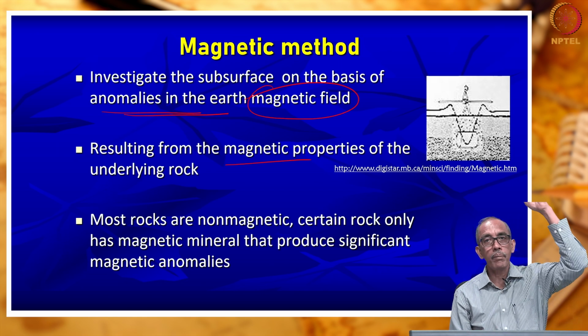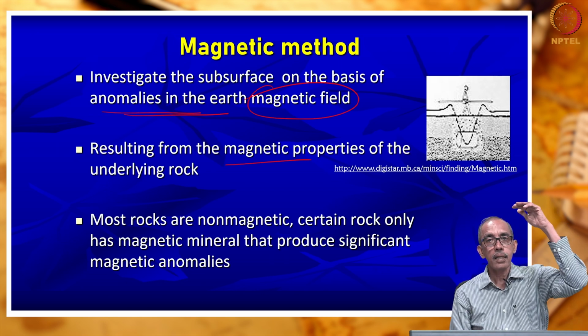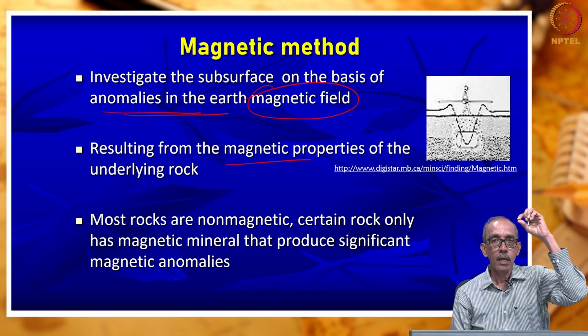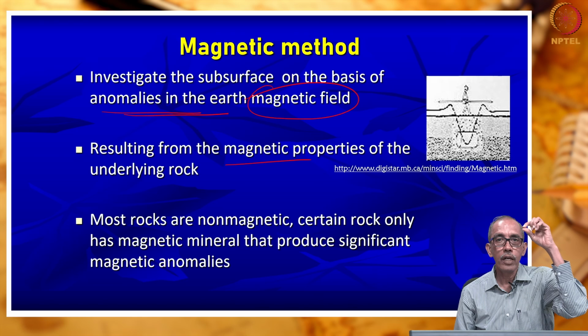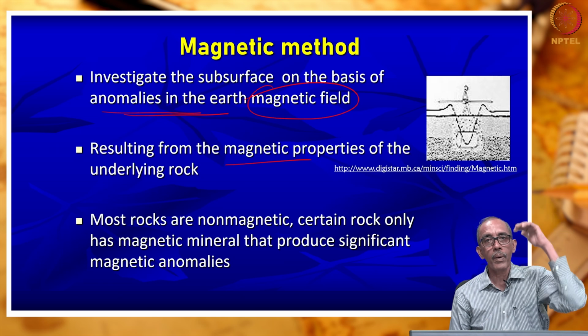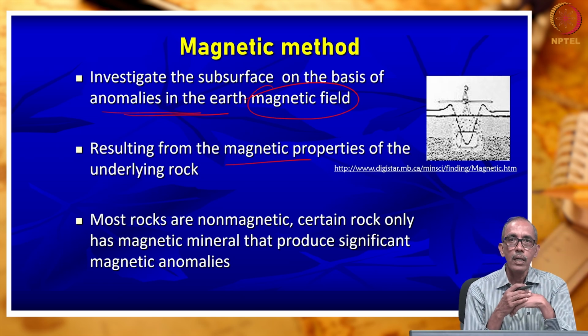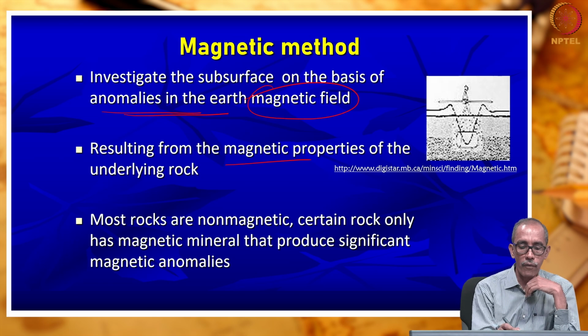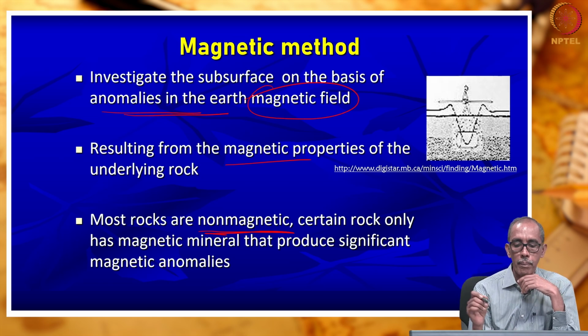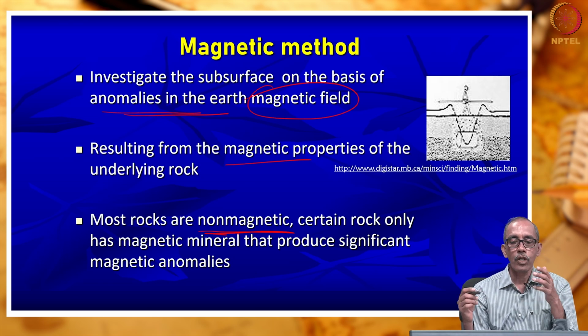Suppose you have a thick magnetite deposit beneath the location where you are going to make the measurement of Earth's magnetic field, what will be the magnetic field you will measure? It will be much higher because beneath your location you have a thick deposit of magnetite, right? So, that is how the magnetic method helps us to differentiate magnetic materials from non-magnetic materials, right?